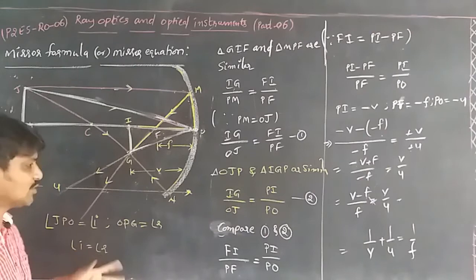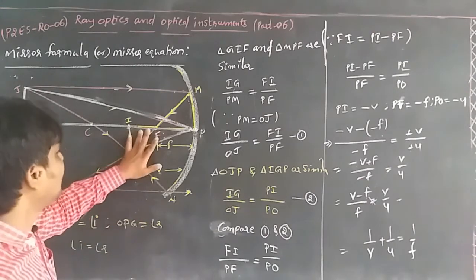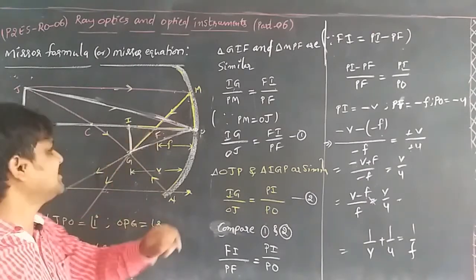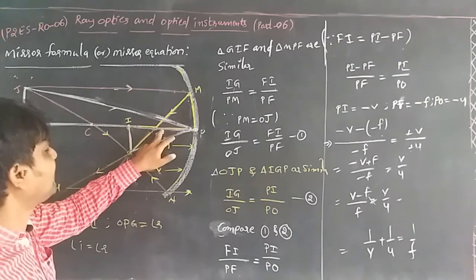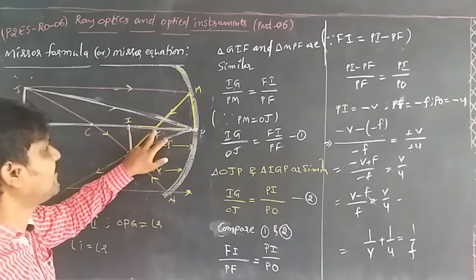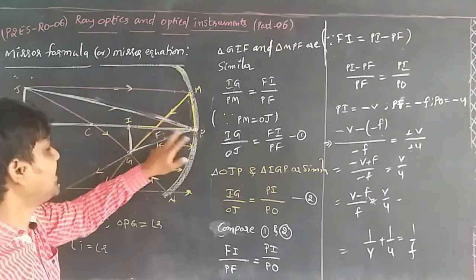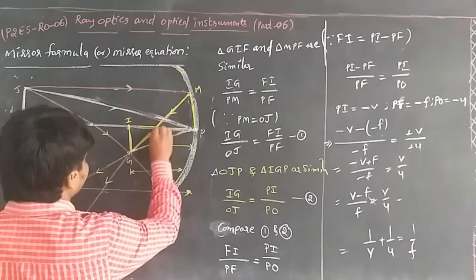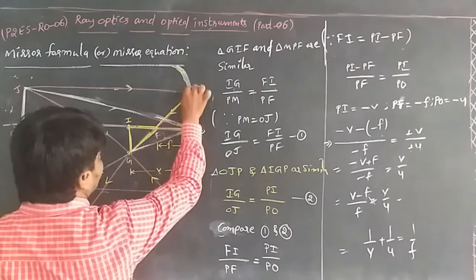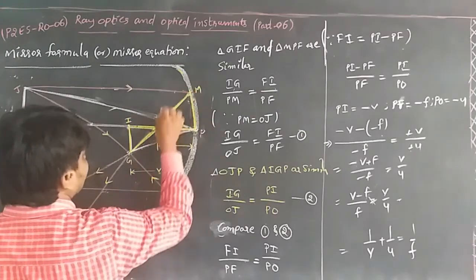That means angle is equal to angle R. So in this case, here are the two similar triangles: IGF and MPF.